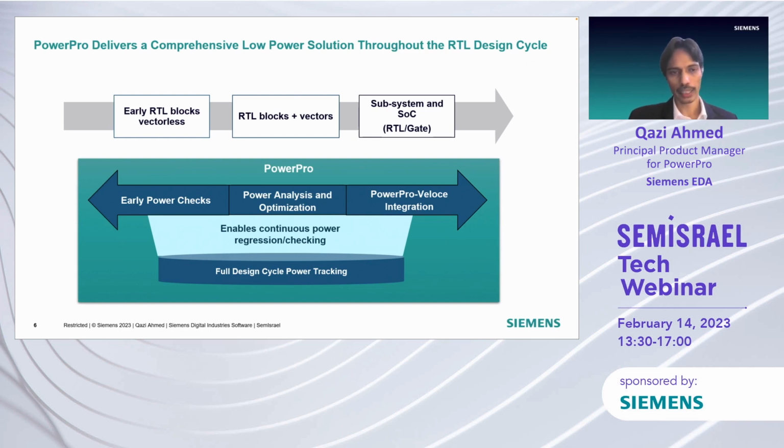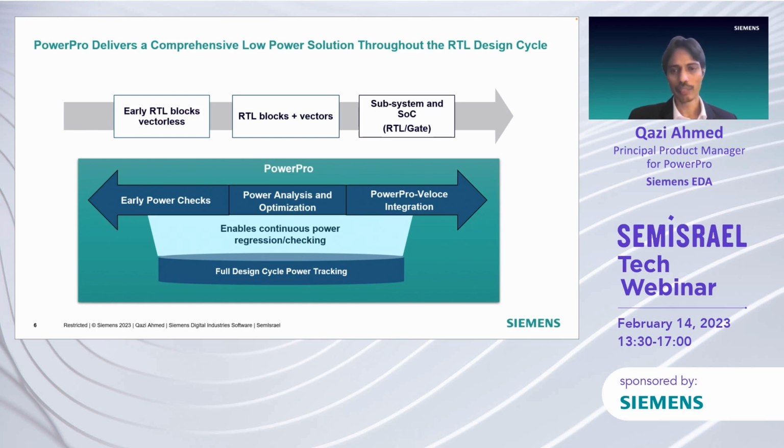So PowerPro has early power checking to do your early RTL power audit and lint and lead you to the power problems while you're developing your RTL. This helps you develop low power code while you're coding. Then when you go to RTL power analysis and optimization, this is exactly where PowerPro will tell you the current power of your design, where the portions are that you can optimize, find the culprits, fix the power problems, and reduce the power.